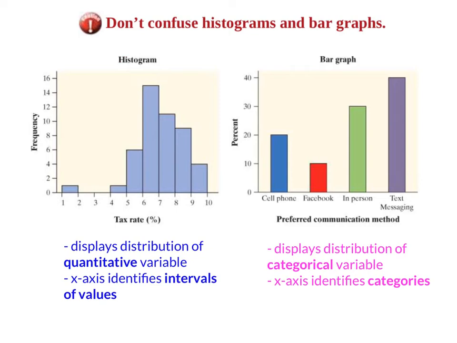They are categorical. Bar graphs, categorical. Histograms, quantitative. Look at those numbers on your x-axis. All right. That's a big difference. So for a histogram, the x-axis identifies intervals of values, where the x-axis on a bar graph displays categories.